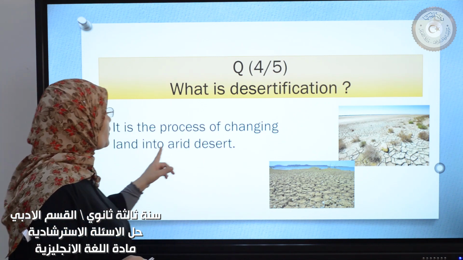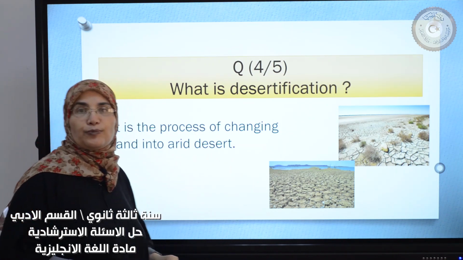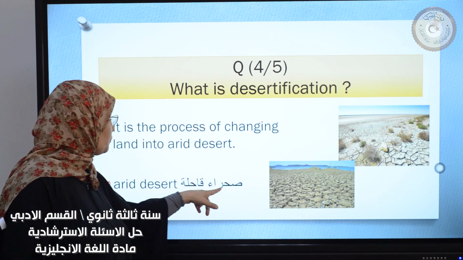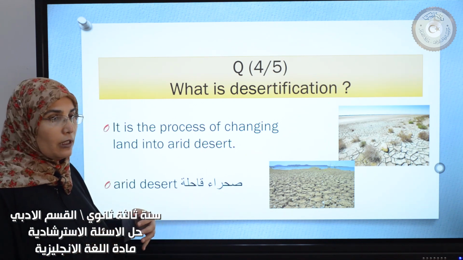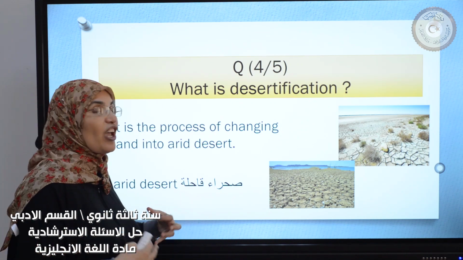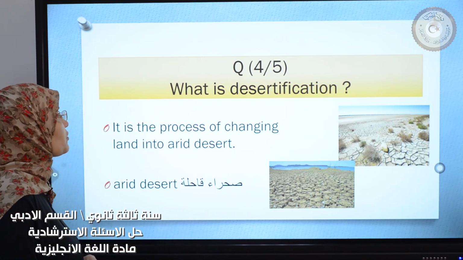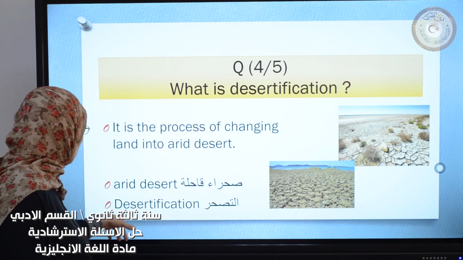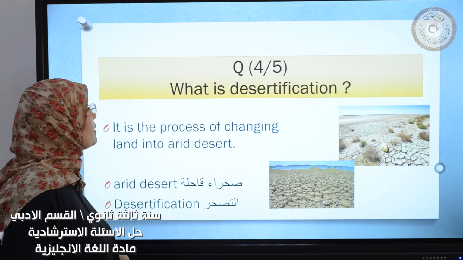It is the process of changing land into arid desert, صحراء قاحلة, تحول الأرض أو التربة من خضراء لجافة قاحلة. Desertification is التصحر.